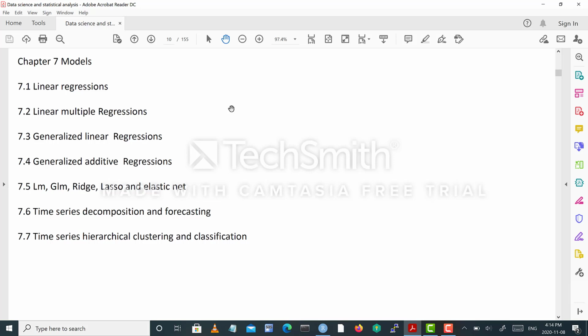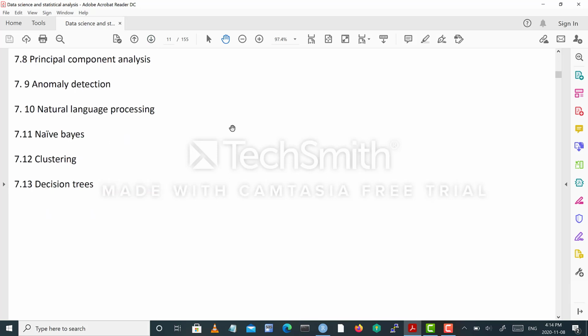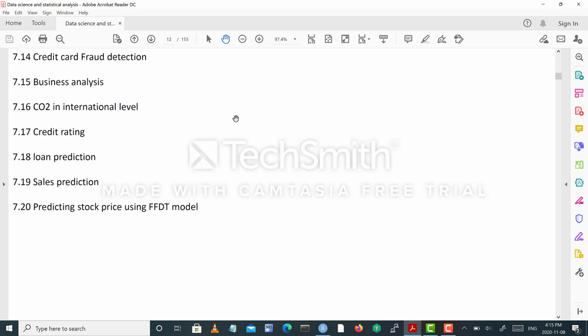We start off with linear regressions, linear multiple regressions, generalized linear regressions, generalized additive regressions, LM, GLM, Ridge, Lasso, and Elastic Net, time series decomposition and forecasting, hierarchical clustering and classification, principal component analysis, anomaly detection, natural language processing, naive Bayes, clustering, decision trees, credit card fraud detection, business analysis, CO2 at the international level, credit rating, loan prediction, sales prediction, and finally predicting stock price using the FFDT model.